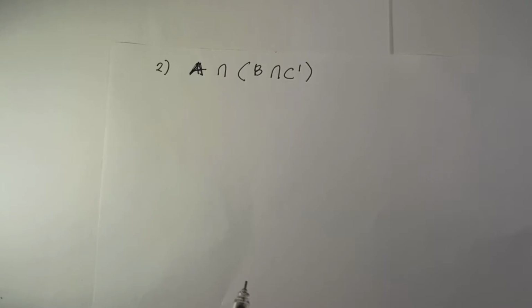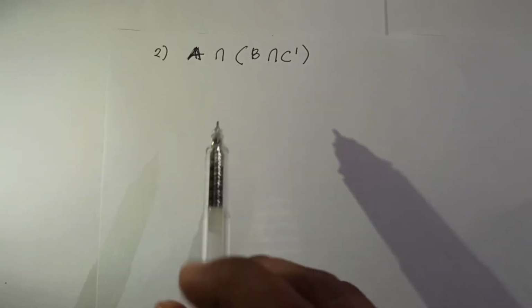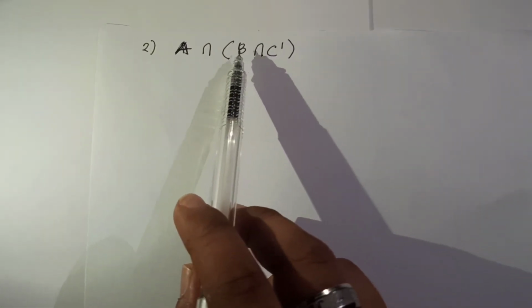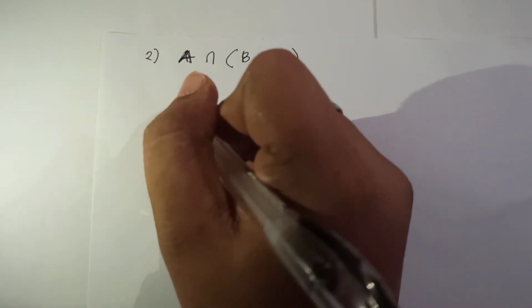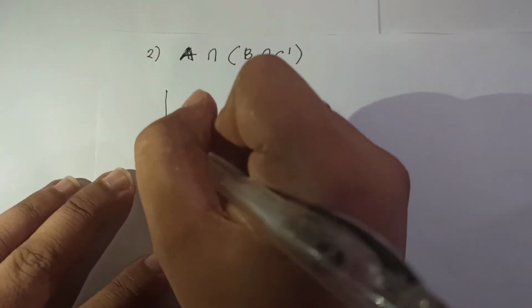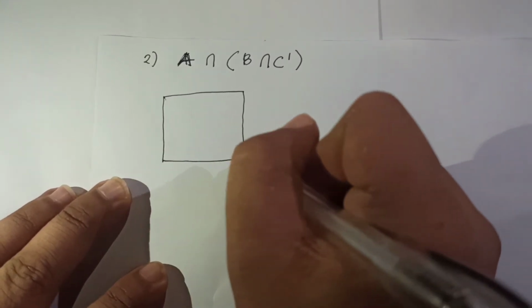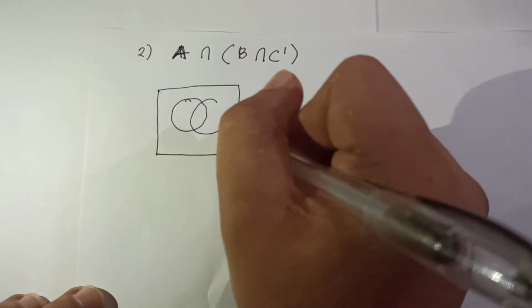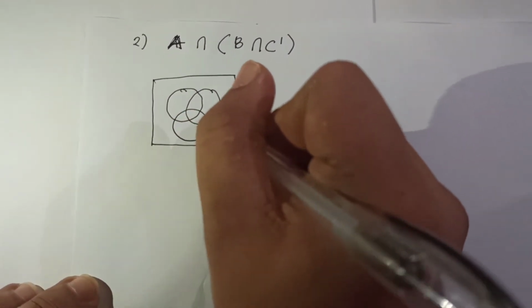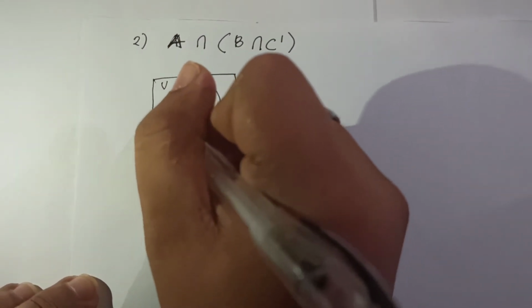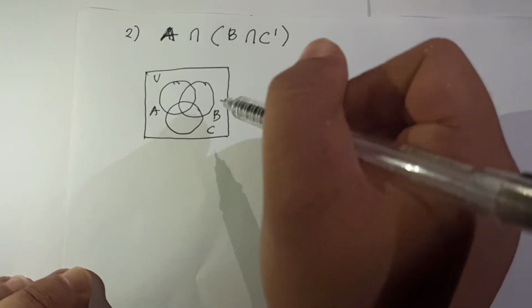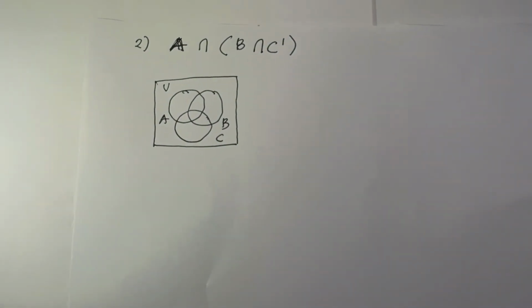Okay, so we are now in number 2. Same, we have 3 sets A, B, and C. First, we have to illustrate A. This is the universal set with A, B, and C. What is our A?